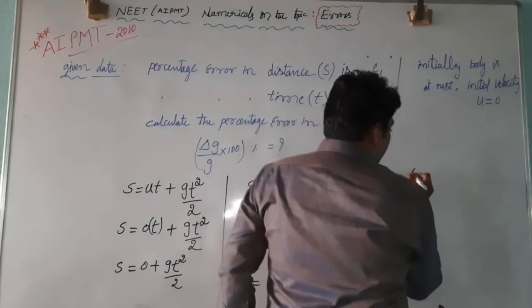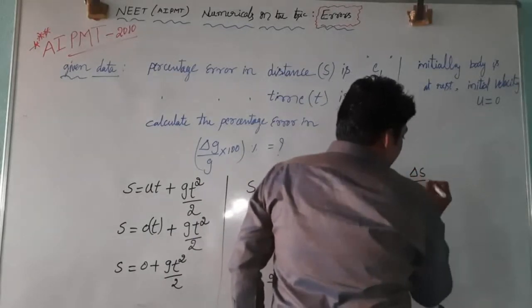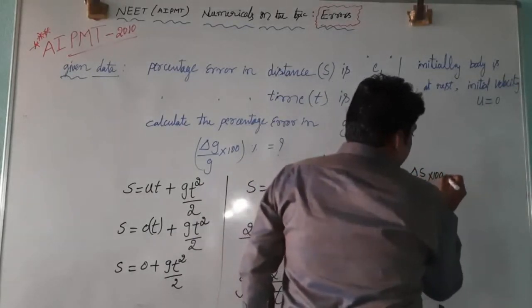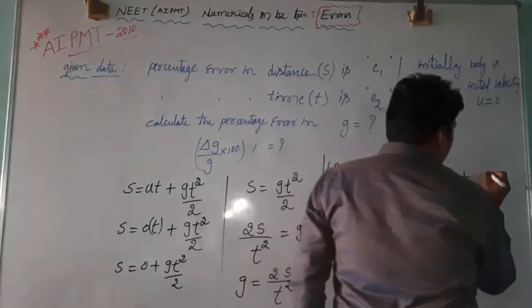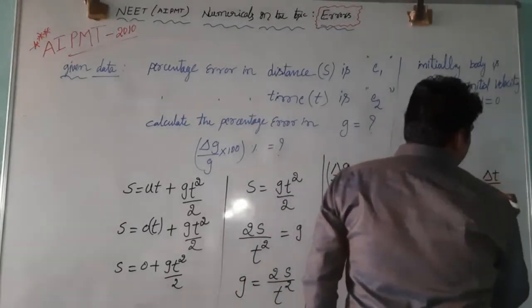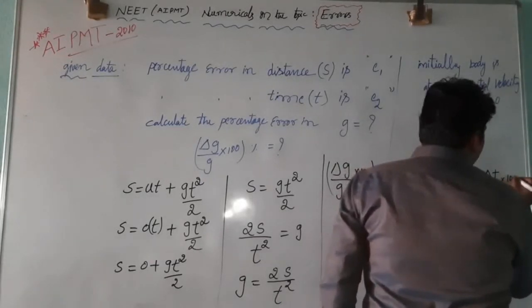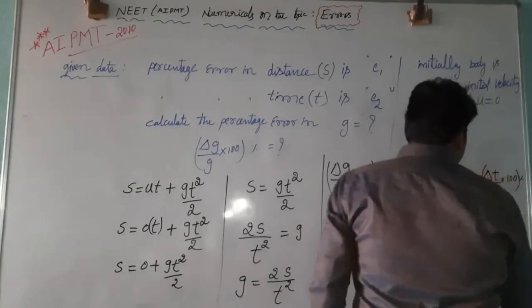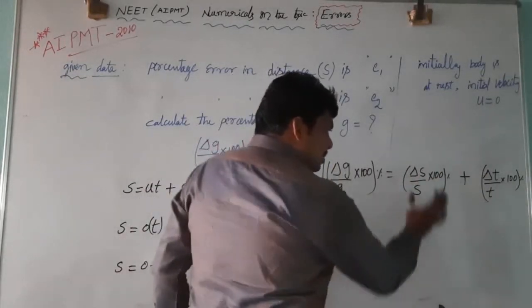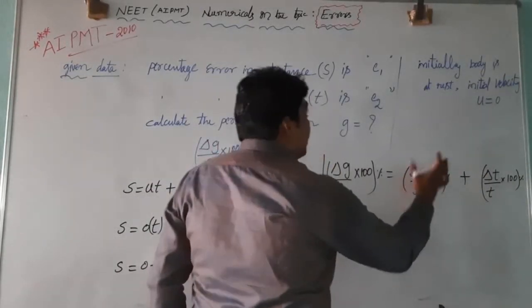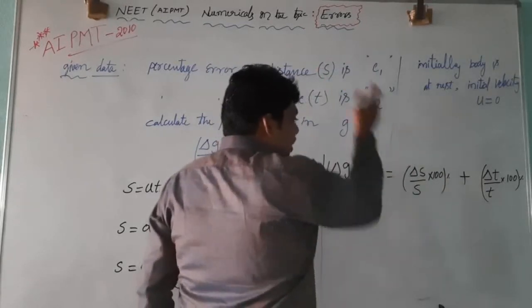What is the formula here? Delta s by s into 100% plus delta t by t into 100%. Here delta s by s into 100% is nothing but the percentage error in the distance.